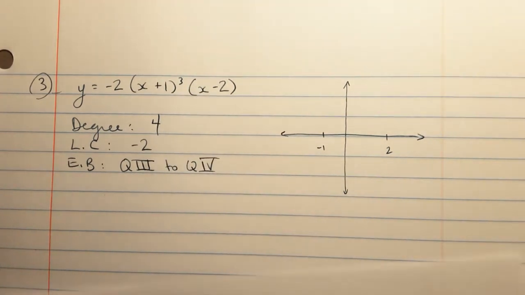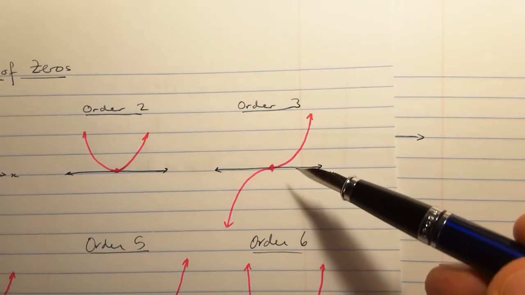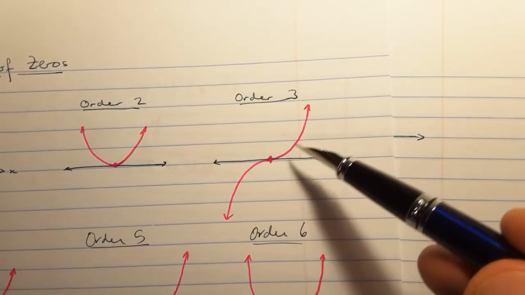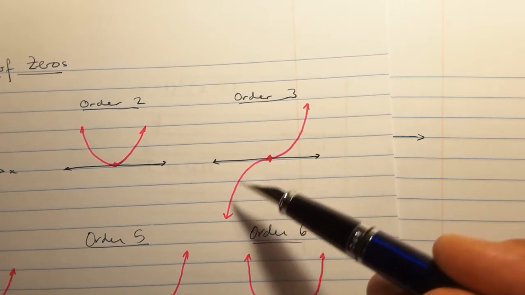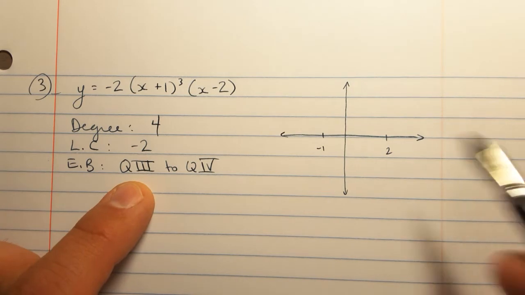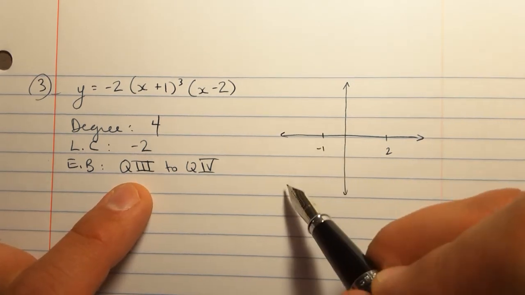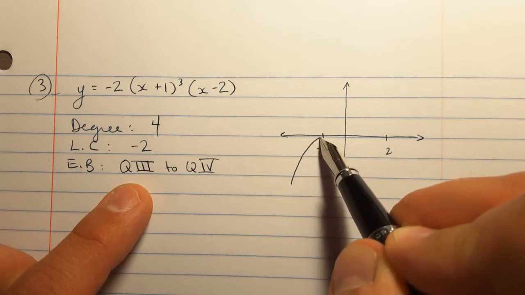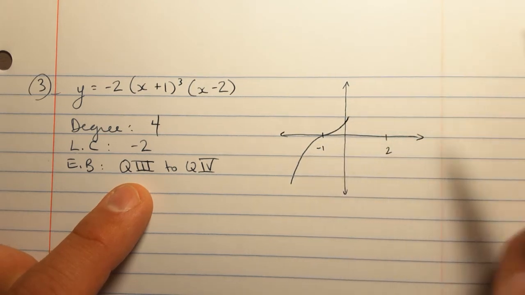That means it's going to look like that. Maybe flip the other way, we'll have to look, but it'll curve in towards that zero, and then it continues on through with the same curve. Now we're starting in quadrant 3 to get there, so we're going to have to do exactly that shape. Curving in, and then continuing on up afterwards.